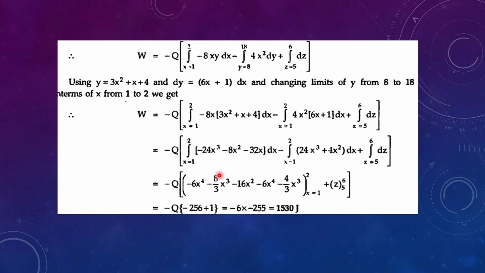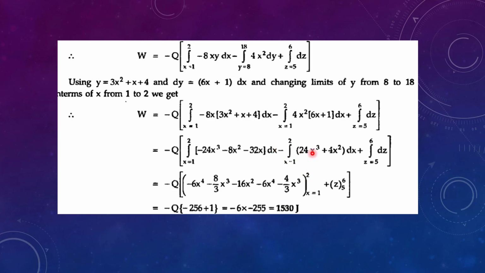So after solving all these things, you will get this kind of bracket. So just solve it and find out whether it comes to -6x⁴, 8/3 x³, 32x²/2 that is equal to 16x². They have calculated this term -6x⁴. Okay, because this -24 is there and here also it is -24, so it has to be added, not subtracted.